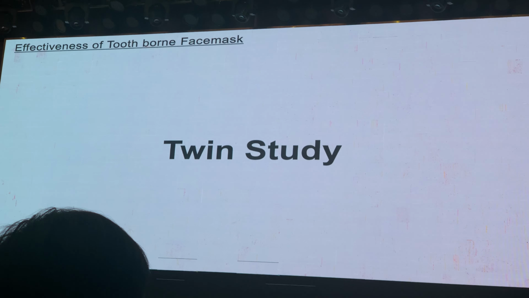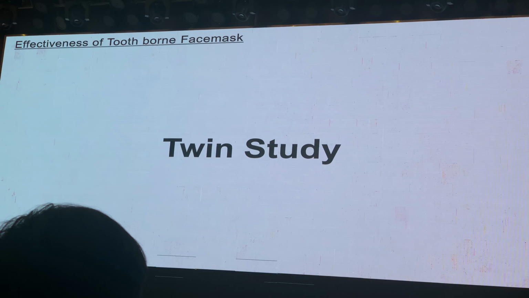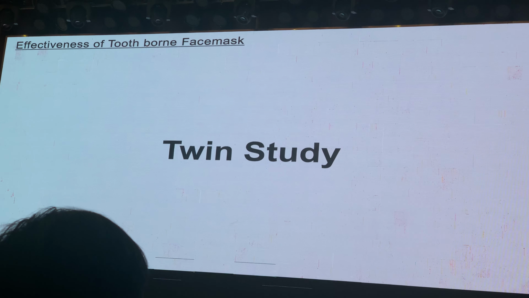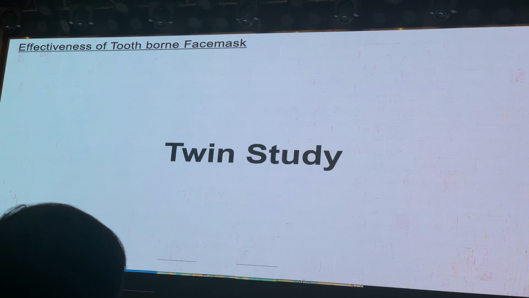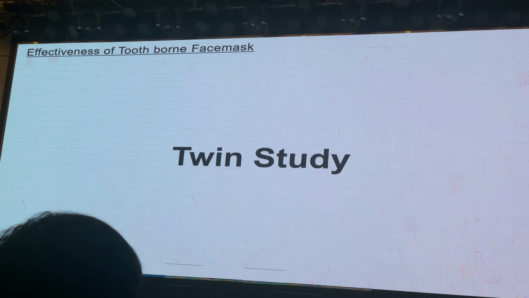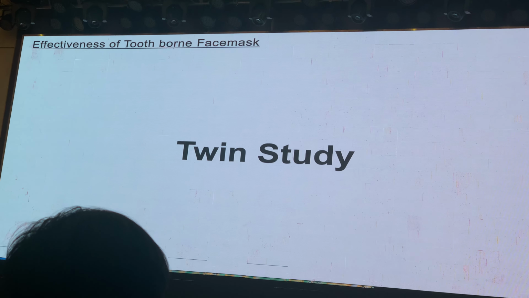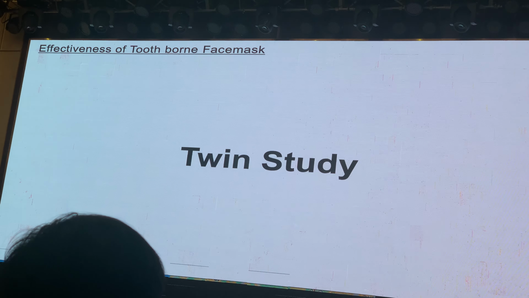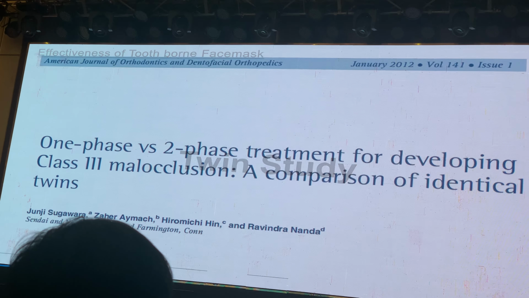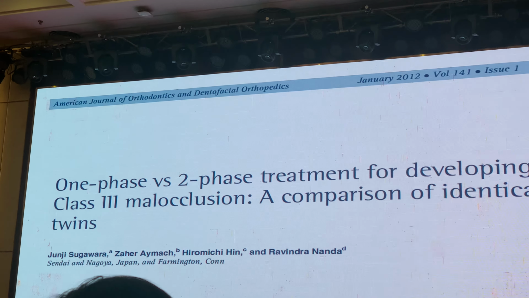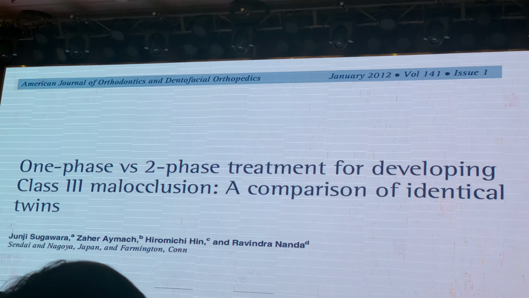This identical twin study has perfect internal validity because it has perfect control and also perfect experimental one. But it doesn't fulfill the external validity because it's not representing the whole population. This identical twin study comes from Dr. Sugawara from Japan.